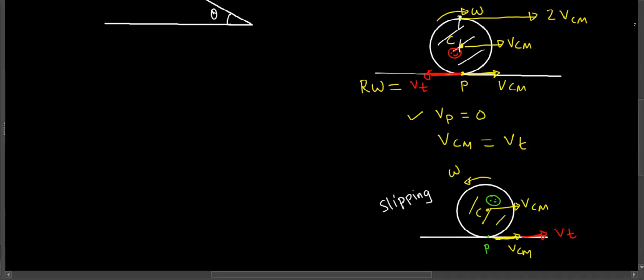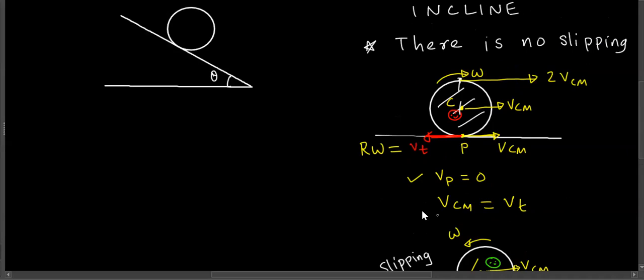Okay, so now I accept that the tangential velocity and the center of mass velocity should be in opposite directions, and the velocity of center of mass is r omega.